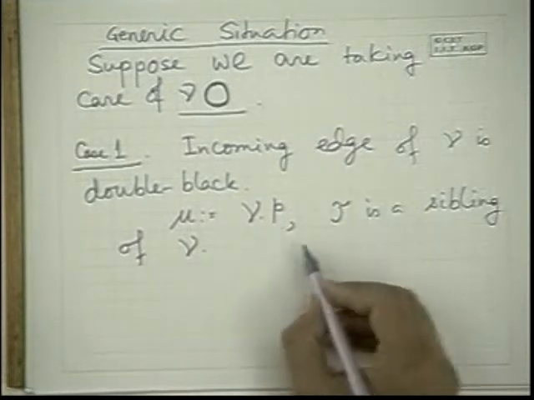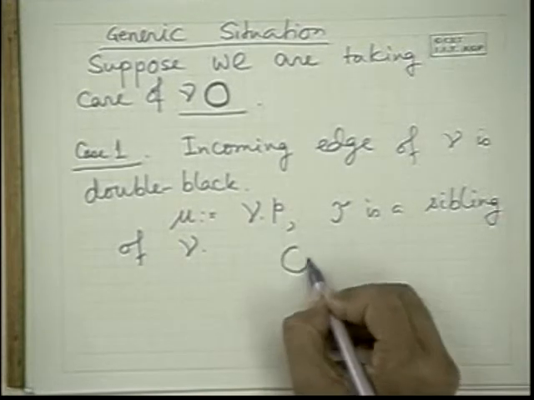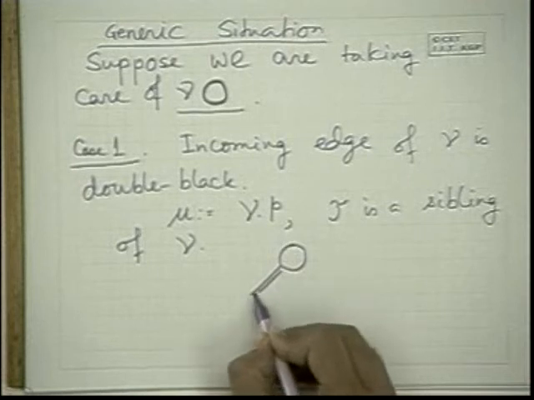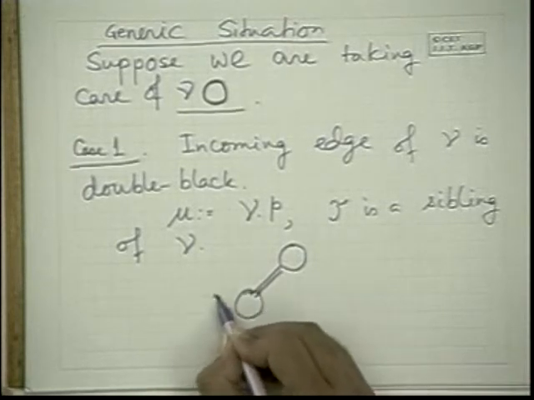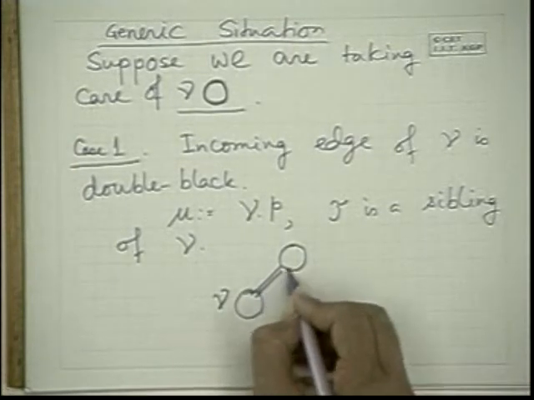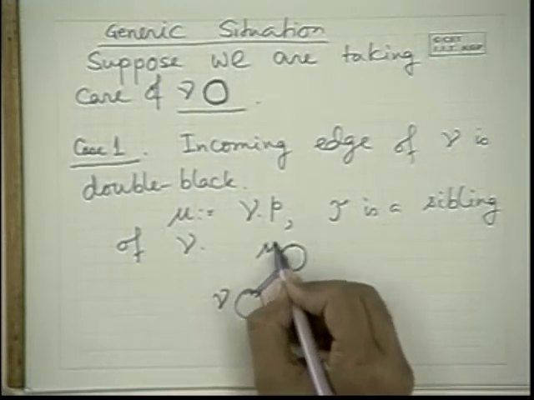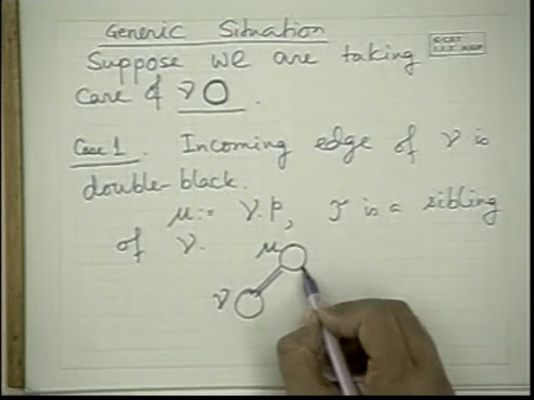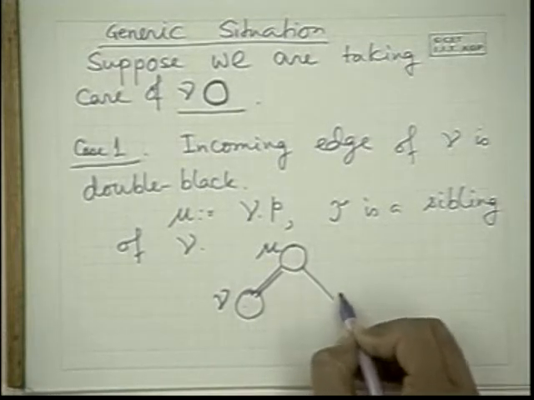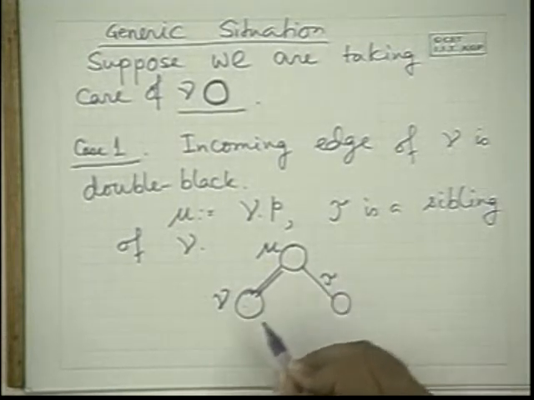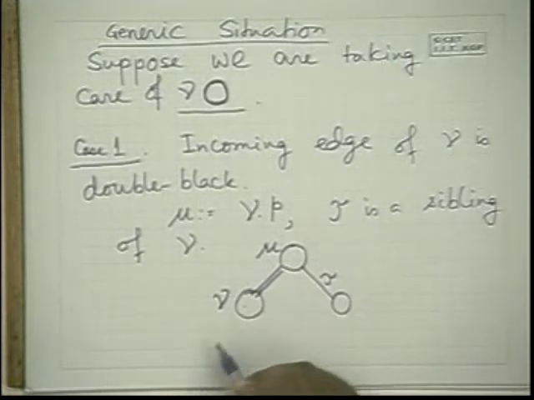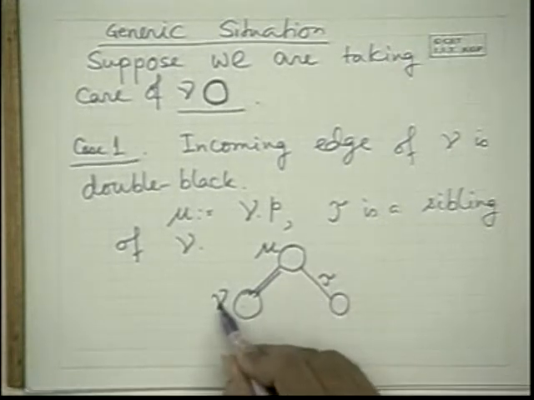So the situation, if I draw the picture, is this. This is the node nu, this is double black, this is the parent which I am calling mu, and the sibling of nu is tau.